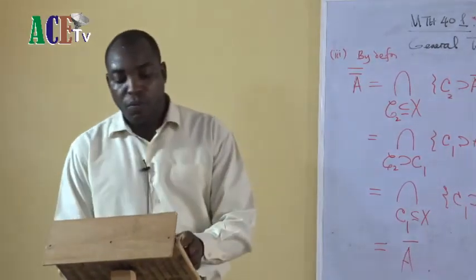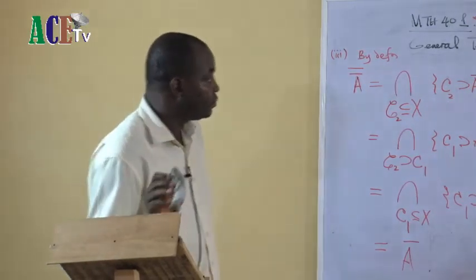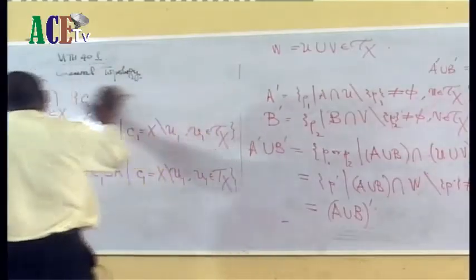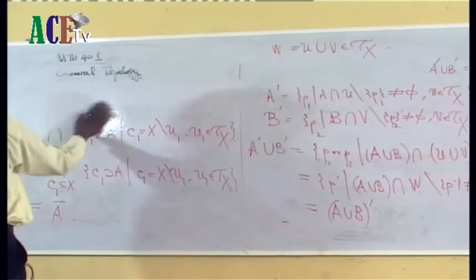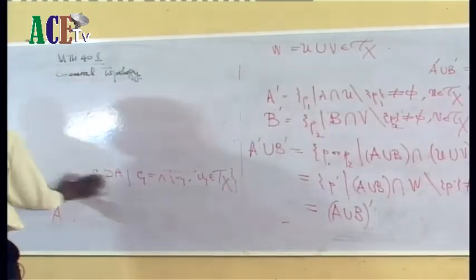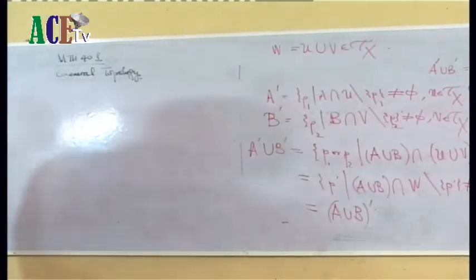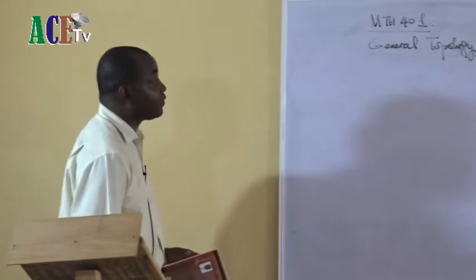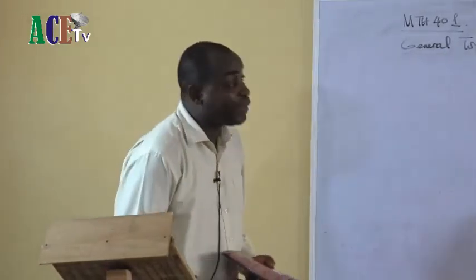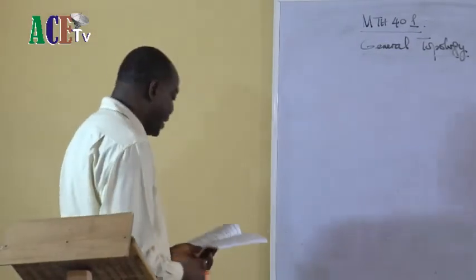Now, we recollect that the building block of a topology is sets themselves. And so these two sets may not have the same cardinality. They may have different cardinality.